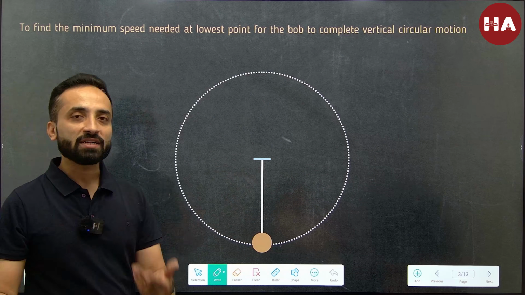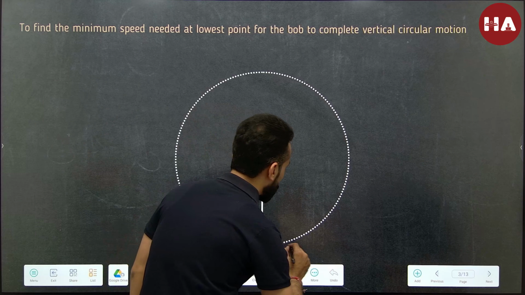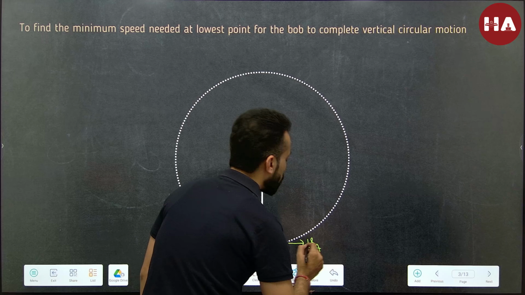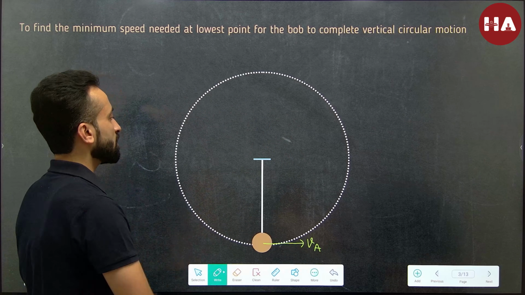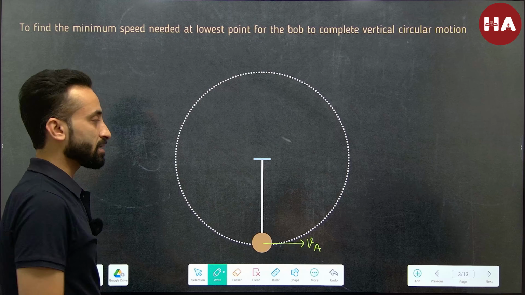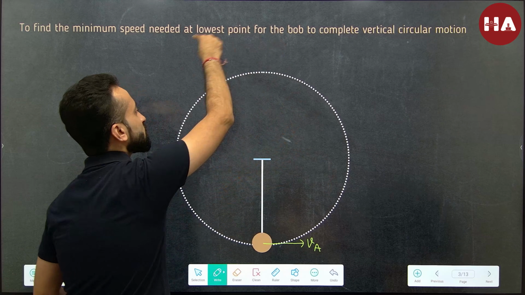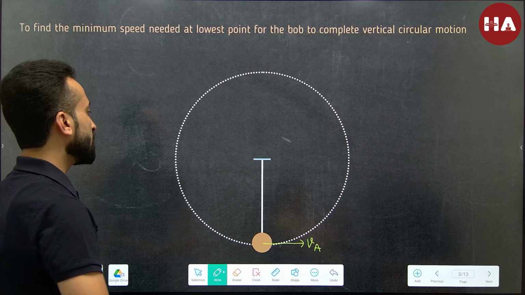So what I am asking now is what minimum velocity we should impart to this bob at the lowest point so that it is able to complete the whole circle. You have to provide it with a large velocity so that it completes the circular motion.